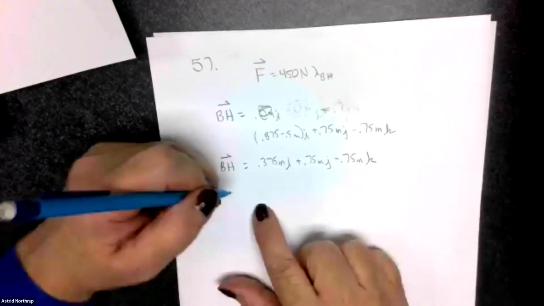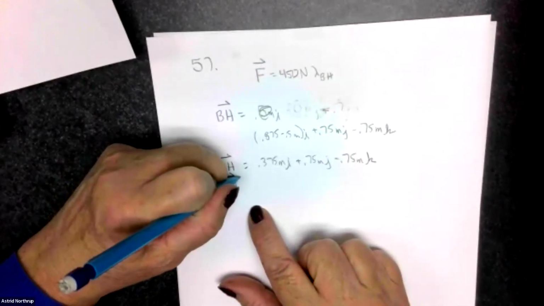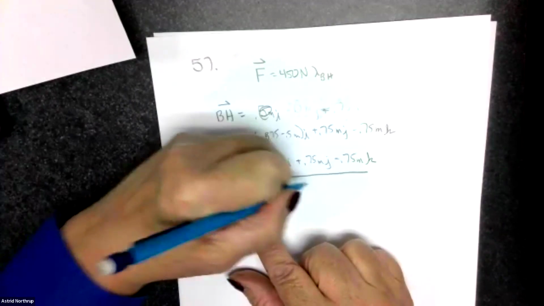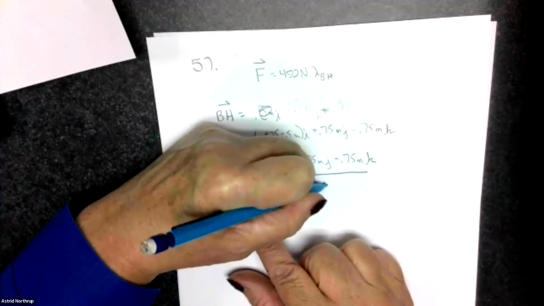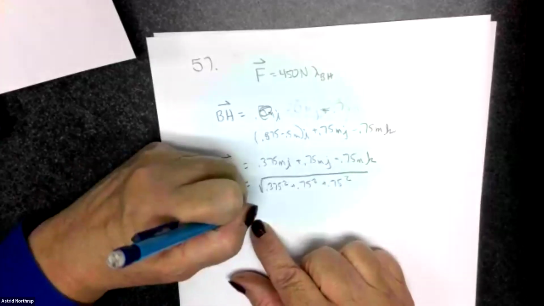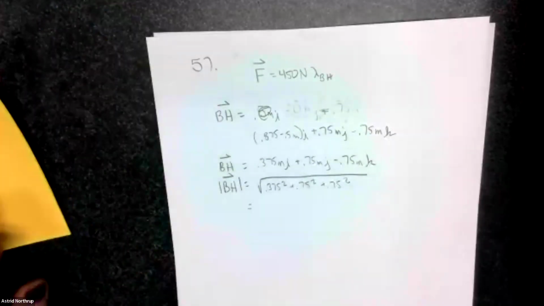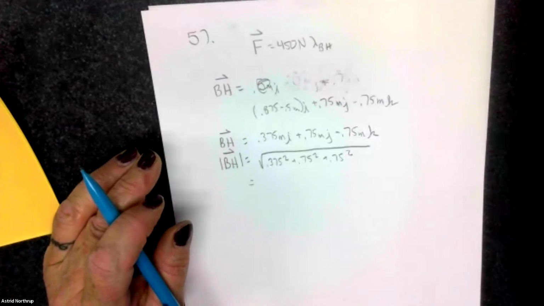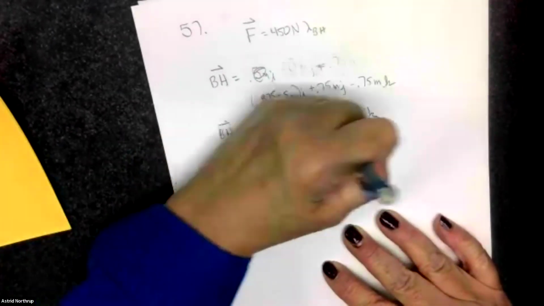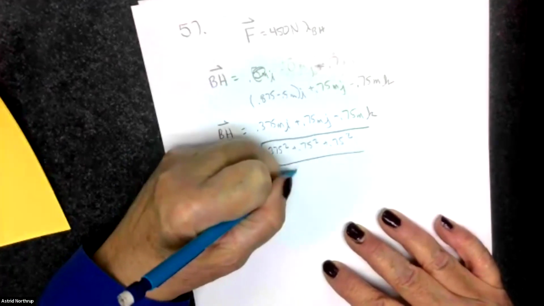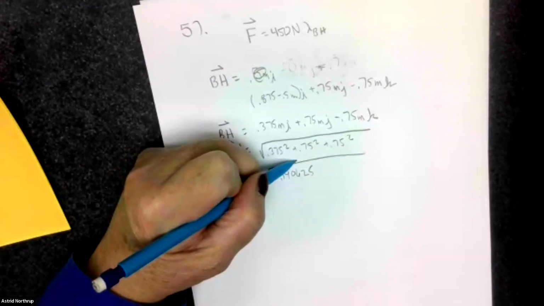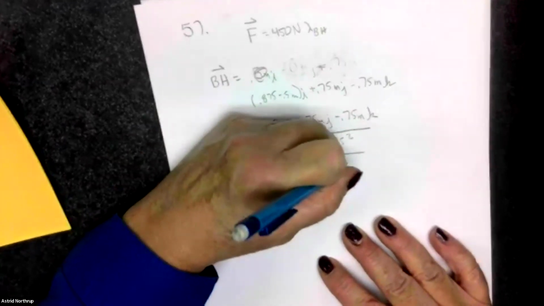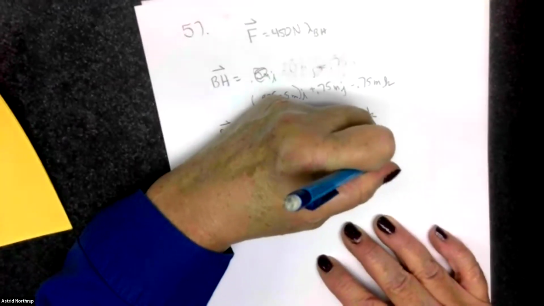All right, so to find my unit vector then, I need to find the length of that vector. So once again, 0.375 squared plus 0.75 squared plus 0.75 squared. And the length is, and then 0.75 squared is 0.5625, and again 0.5625.